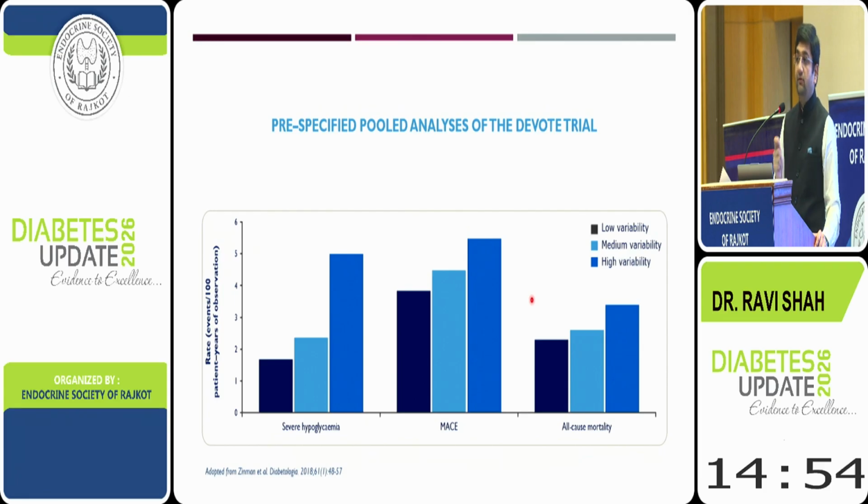What this study has shown is that not only is your average glucose important, because your average glucose can be 100 if one value of your sugar is 40 and the other value is 200. What is also important is how good your glucose readings are overall. If the variability is low, your all-cause mortality is also lesser. If your variability is high, your all-cause mortality is also increasing.